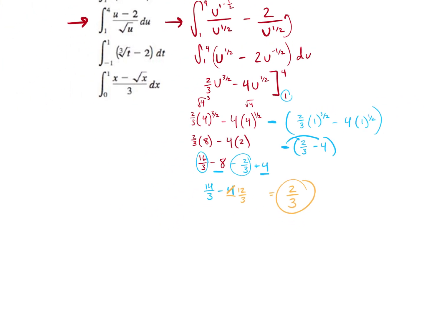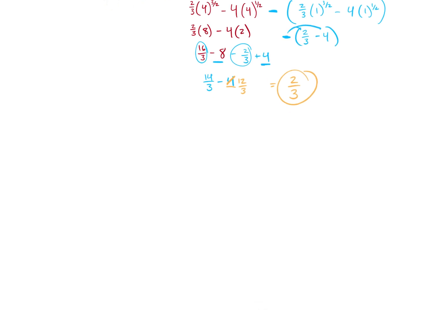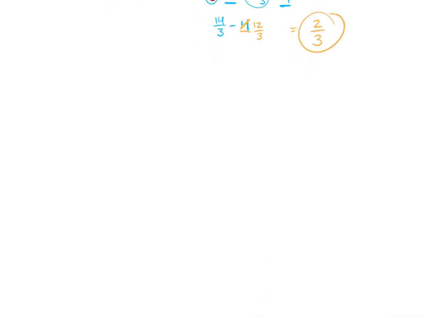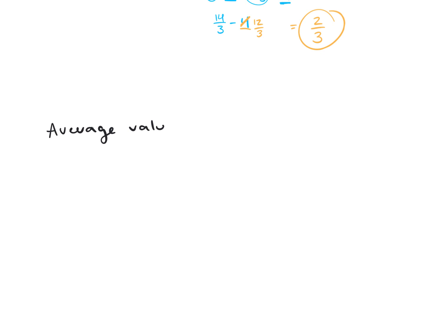There is one type of question that's going to be on the quiz. It's not on the review, so I want to practice those with you. It is finding the average value and finding c. So let's say it asks for the average value of f of x, which is equal to, we'll call it x minus x squared.